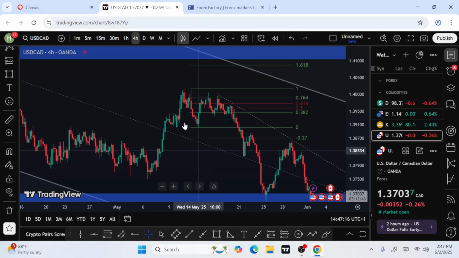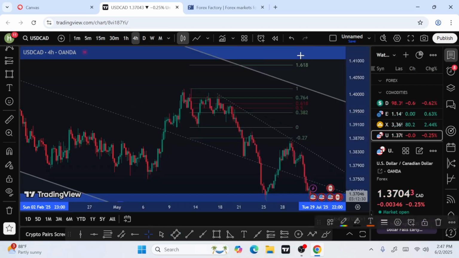Now see this 4 hour candle. All right, where is it? That is morning star formation.